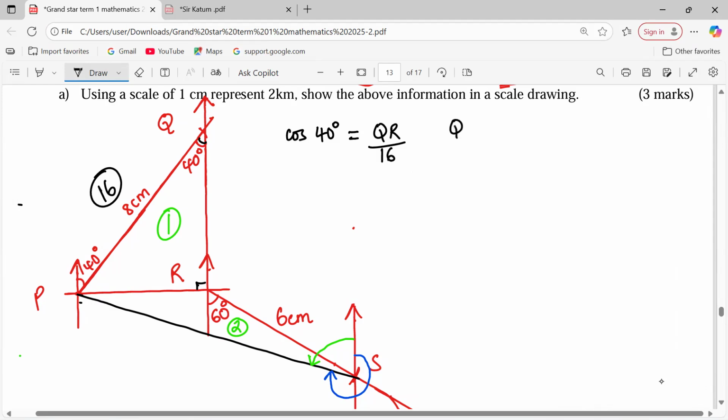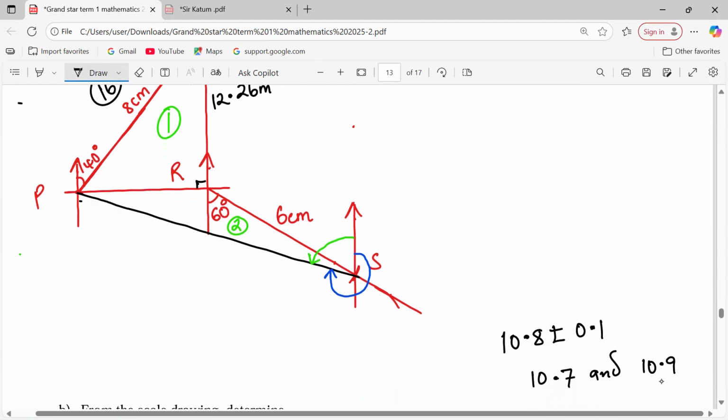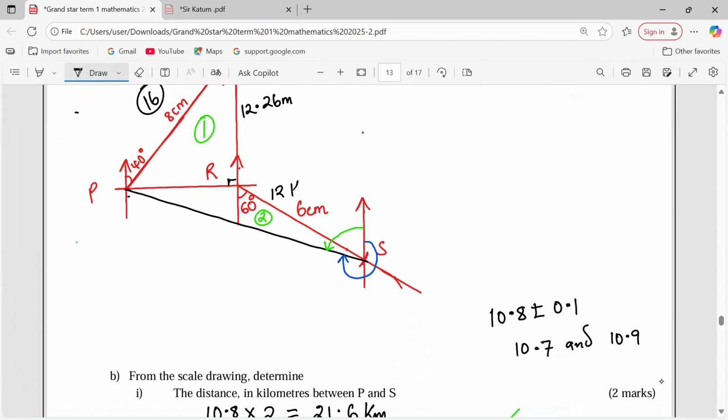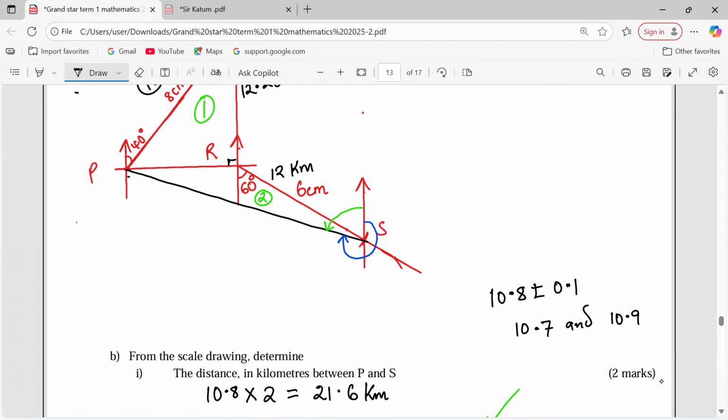So we can get QR as 16 cos 40, which is 12.26. That is the distance. Then for this other one, this is already 12 kilometers.